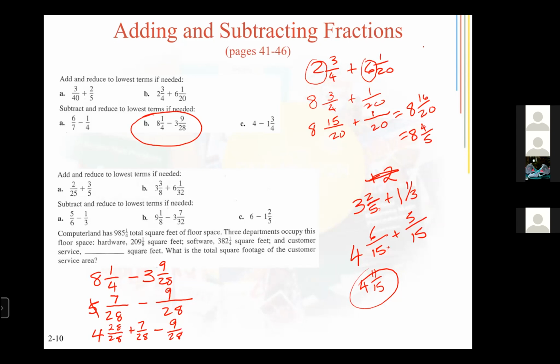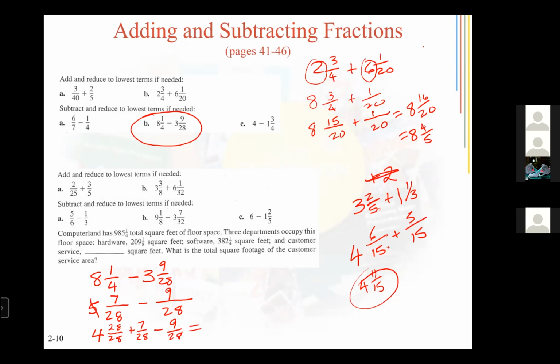But you're changing it into 28ths so you could use it to help you finish your calculation. So if you have the 28 plus the 7 that was there before, that gives you 35, and then you're going to take away the 9. So when you do that, what are you going to get? 35 minus 9 is 26.